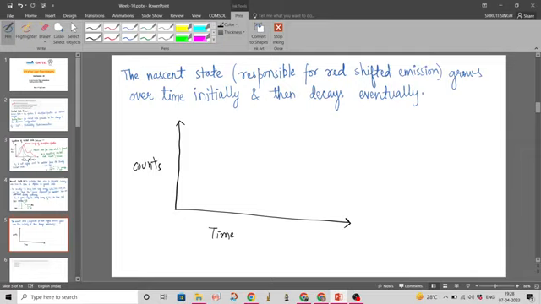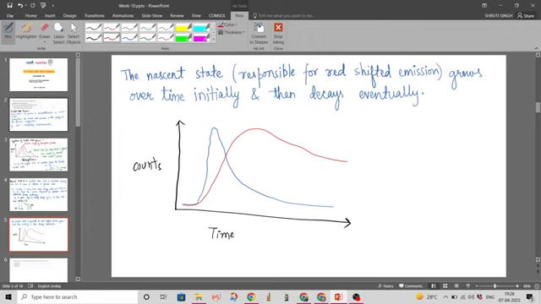For the blue end we will have a sharp decay like this, and for the red end it will first get populated and then it will decay. So this rise time is the rise in the population which is happening due to the deactivation of the locally excited state.